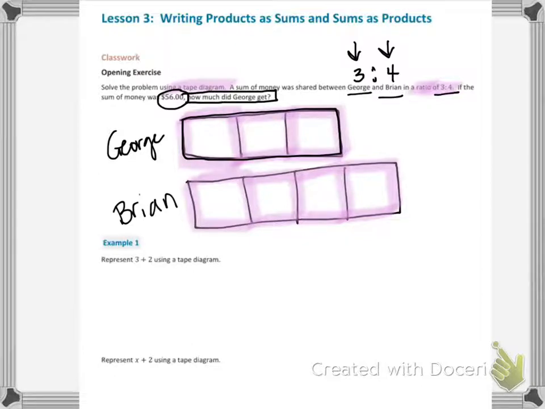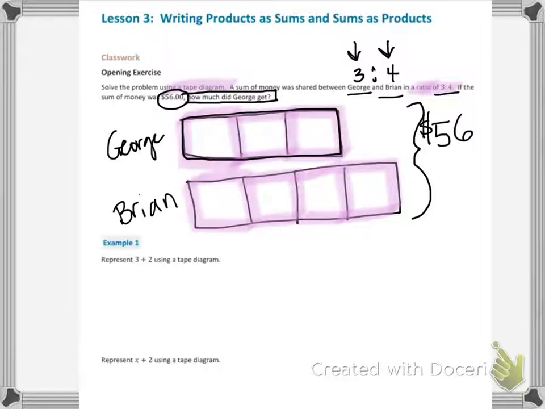So you need to answer the question at hand. Here it is, George and Brian. What else do we know? We also know that these two together equal $56. All of this together equals $56.